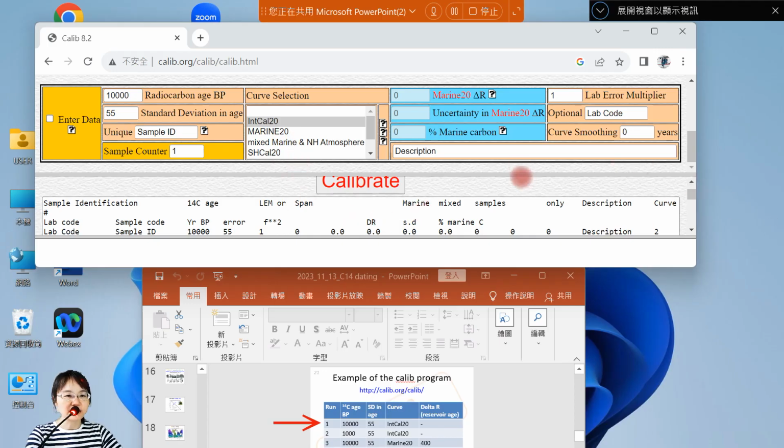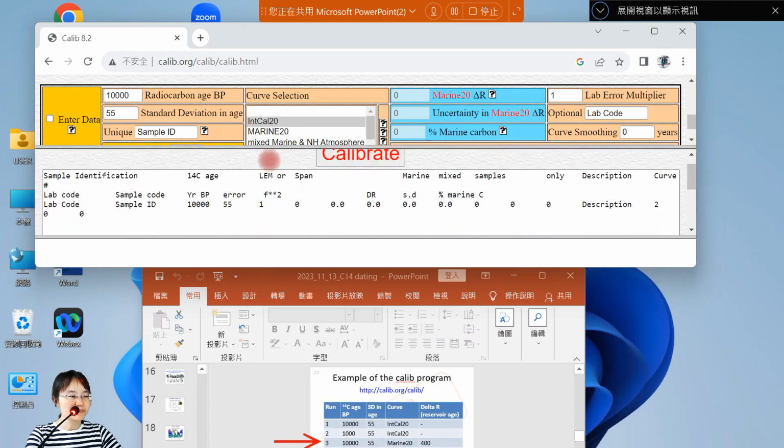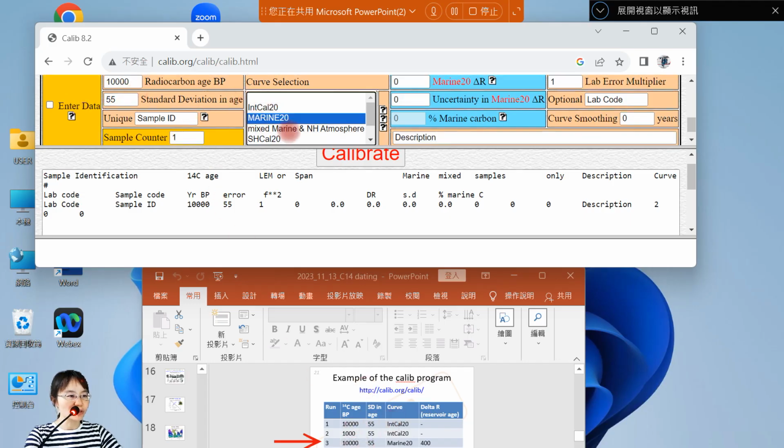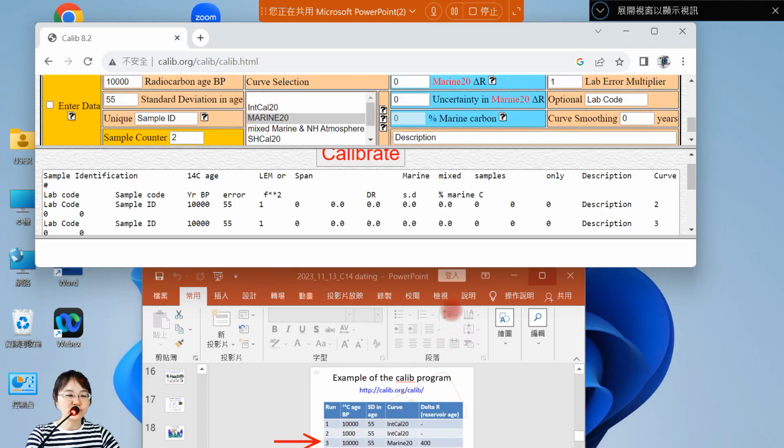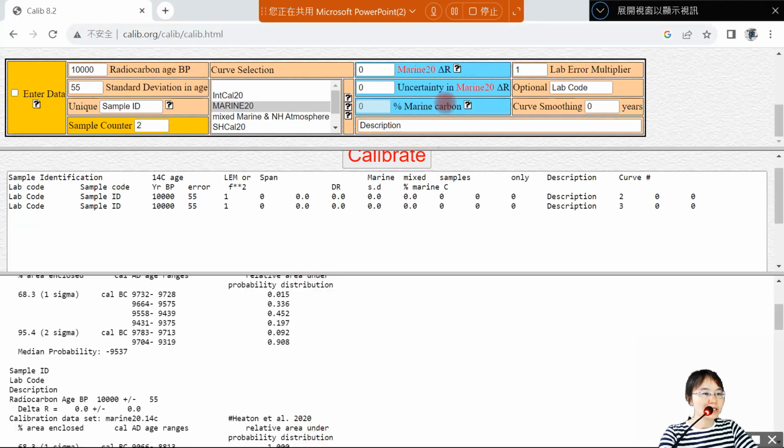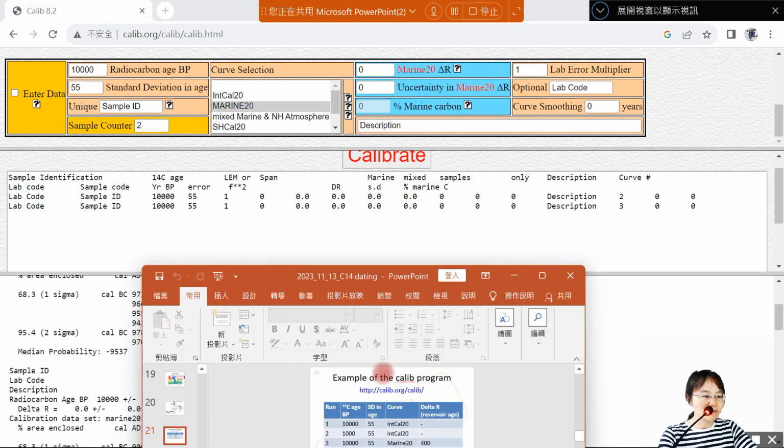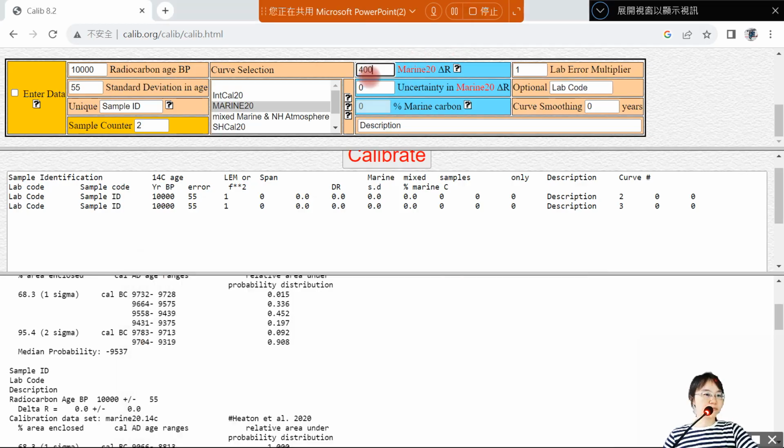So the data is entered here. And we can do the same thing for a second one. We choose Marine20. We use a different kind of calibration curve. For Marine20, we have to enter the delta R, which is the reservoir age. So we should give it a reservoir age of 400.